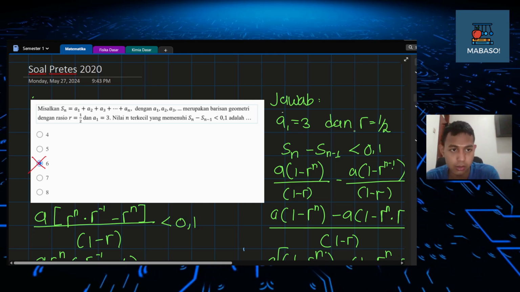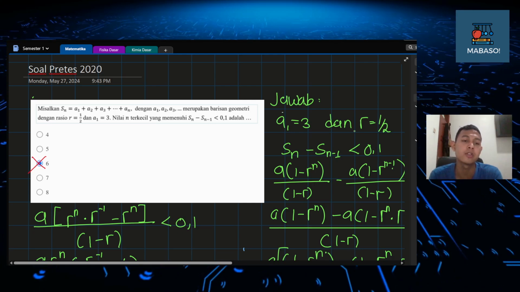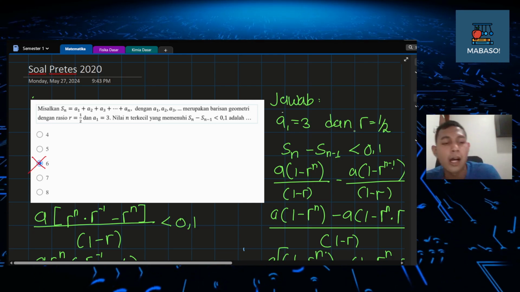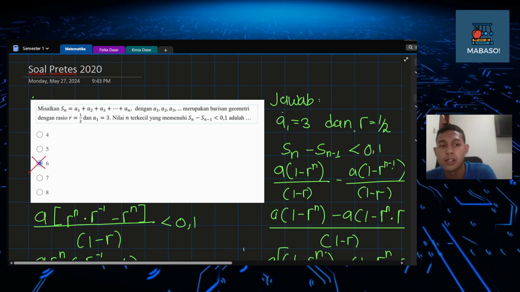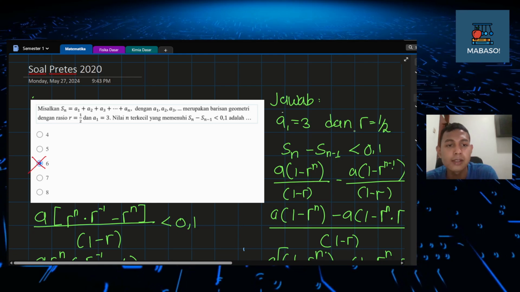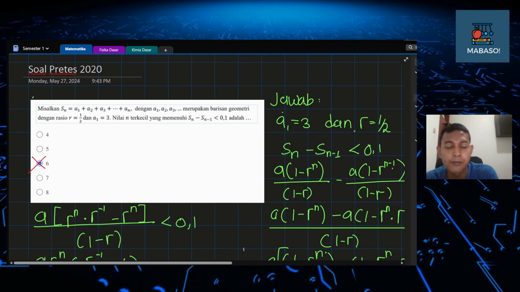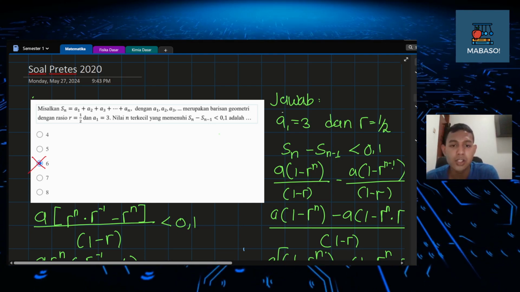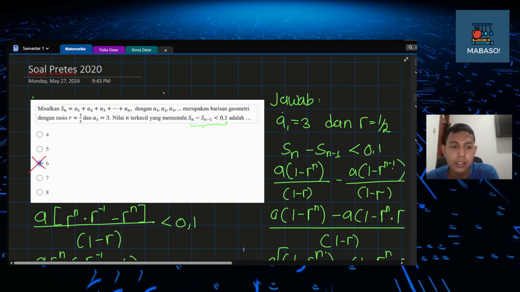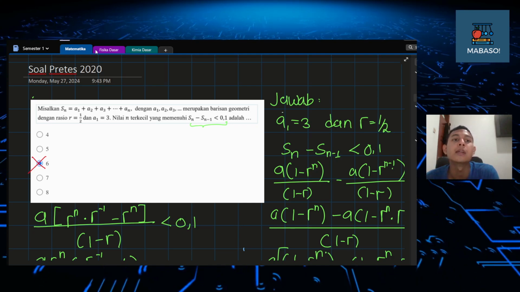Now, we know that the ratio of the geometric progression is equal to a half, and the first term is equal to 3. The question asks: what is the smallest value of n that fulfills these conditions? This is the condition asked by the problem.